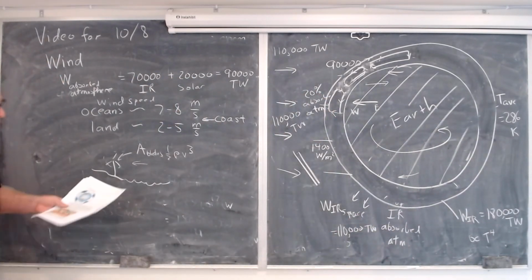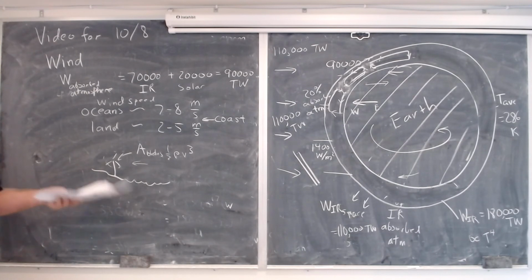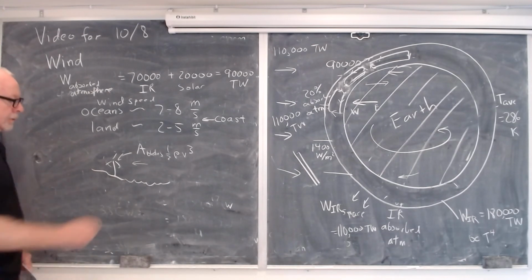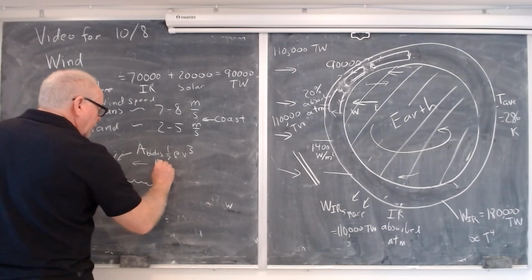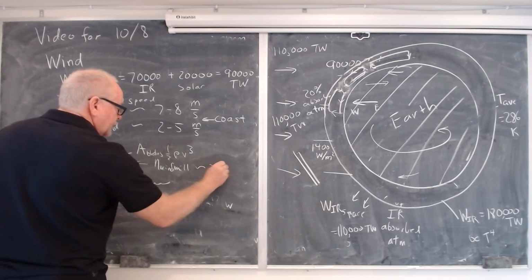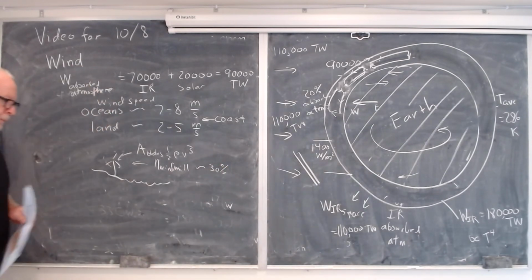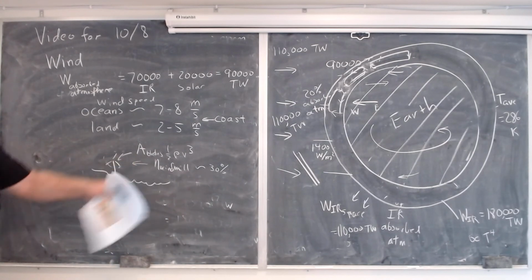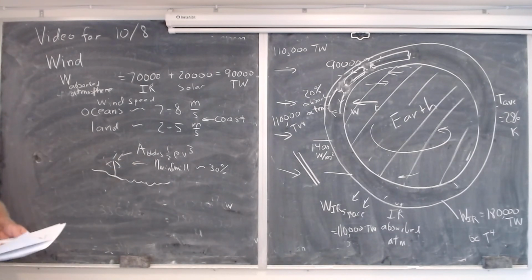That's the power in the wind incident, and the efficiency of a windmill tends to be around, say, 30%. Meaning you take that and you multiply it times 0.3, and that gives you the amount of power that you're going to get out of your windmill on an average basis.